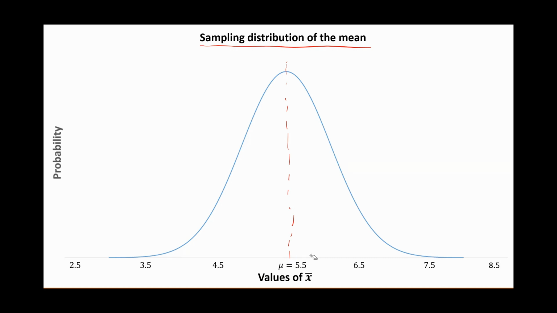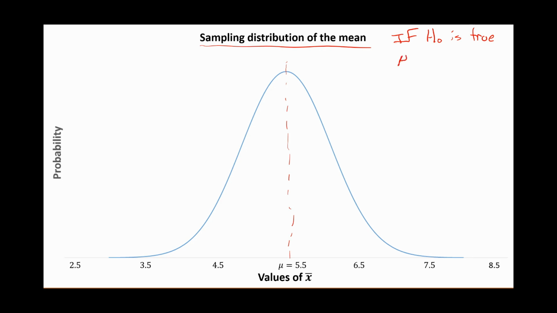Okay, and this particular sampling distribution of the mean is the distribution if the null hypothesis is true. So what I mean by that is the distribution that you are looking at on this screen right now is the distribution of sample means if the null hypothesis is true.